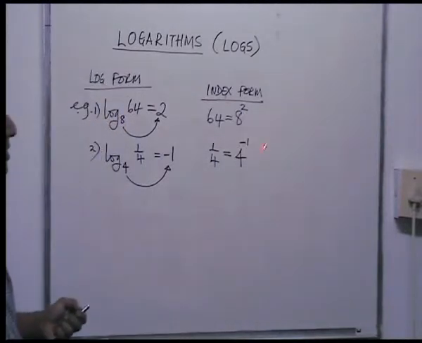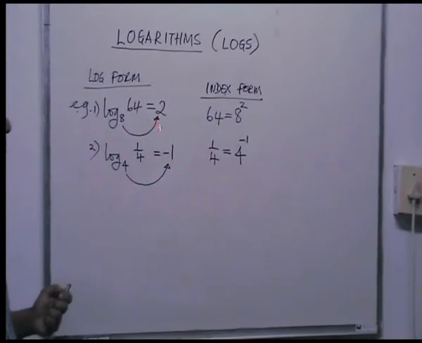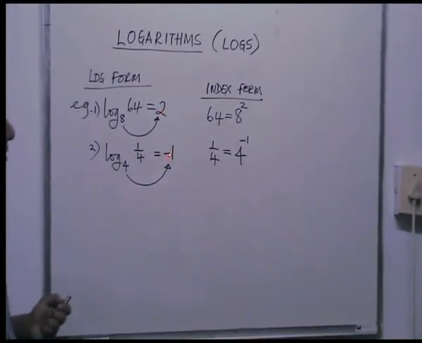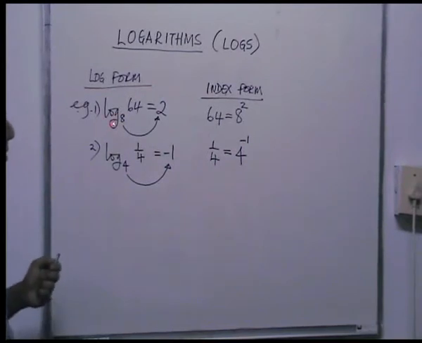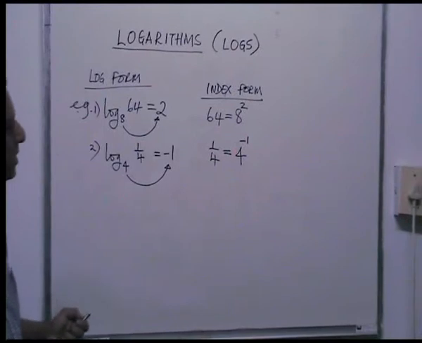So you can see now in this example I'm showing you that logs can be positive or negative. And I'm also showing you how to rewrite from log form to index form.